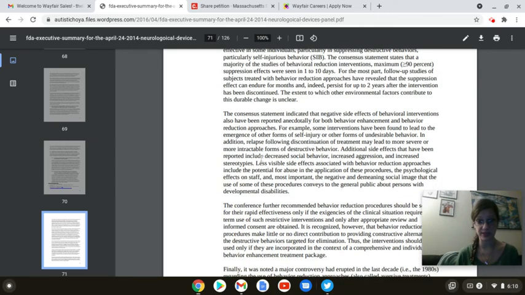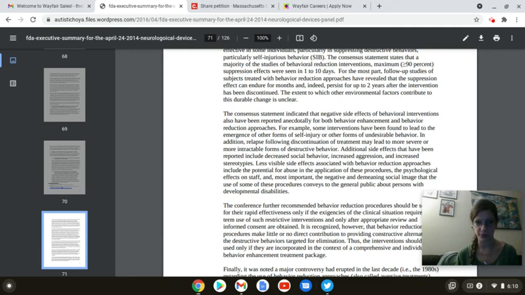The consensus statement indicated that negative side effects of behavioral interventions also have been reported anecdotally for both behavior enhancement and behavior reduction approaches. For example, some interventions have been found to lead to the emergence of other forms of self injury or other forms of undesirable behavior.